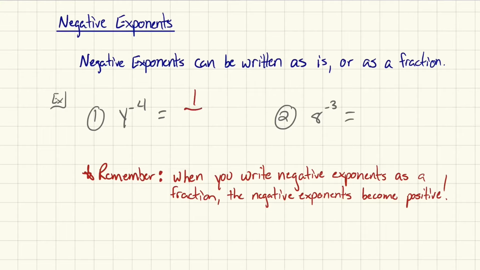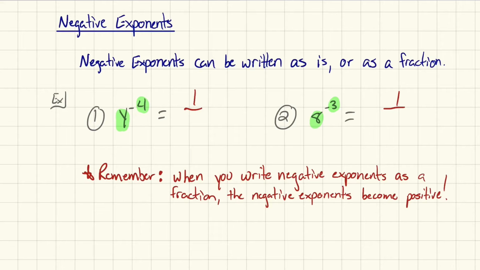All right, so when we want to write things as a fraction, we will start it as 1 over, and then all we have to do is take the variable and then whatever the exponent is without the negative sign. So in the first example, it's y and 4.